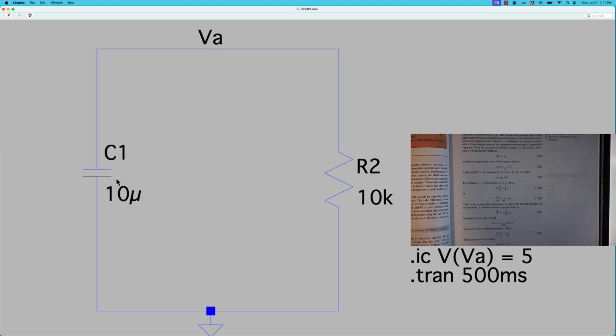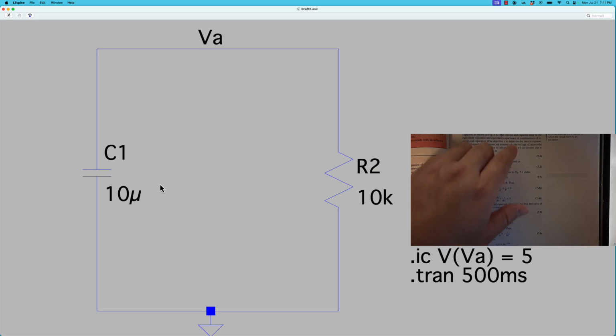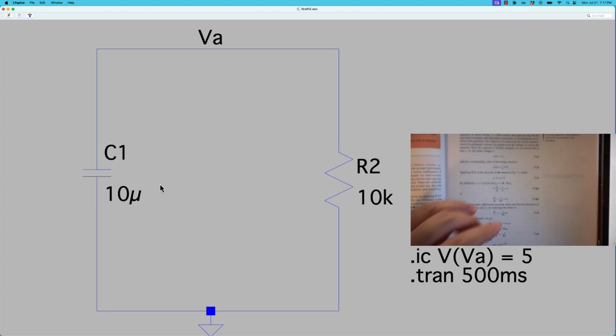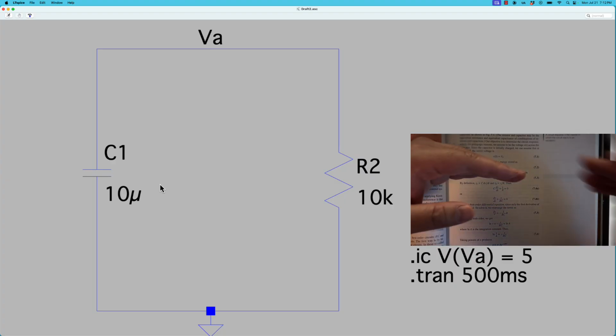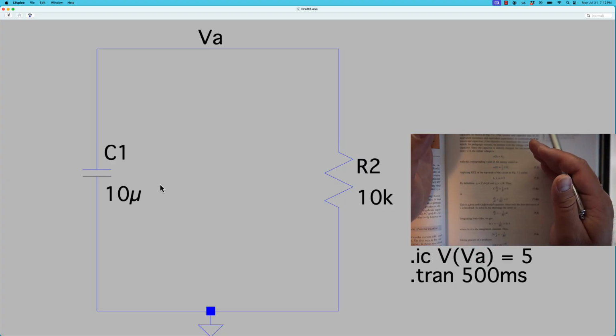Not two resistors in parallel, but a capacitor and a resistor in parallel, with an initial condition of a voltage source. This happens to be sourceless, so there's no voltage source, but you do have an initial condition. And then the switch disconnects. Either the switch connects or disconnects. In this case, it's going to disconnect because it's sourceless voltage.